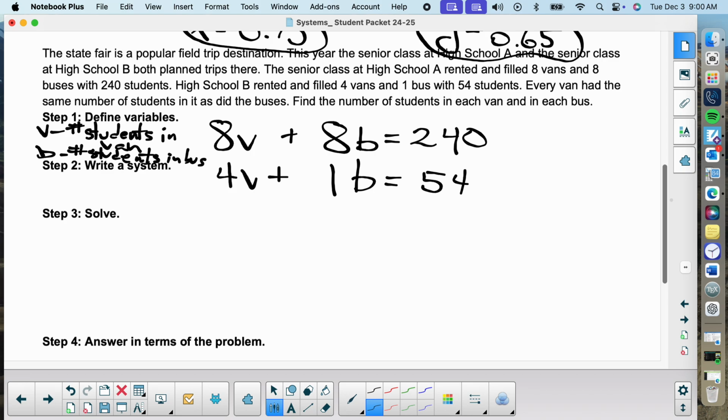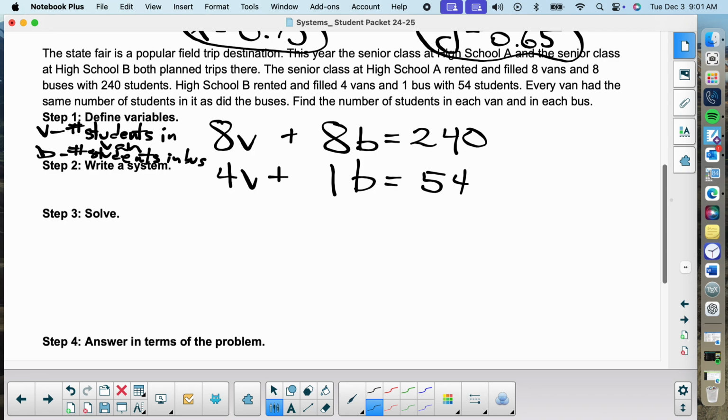I'm gonna have to multiply by something, negative one. If I'm gonna cancel the V's, I'd have to multiply by -2 to make it a -8. Or if I'm gonna cancel the B's, I'd have to multiply by, you have the right idea though, -8 if I wanna cancel the B's.